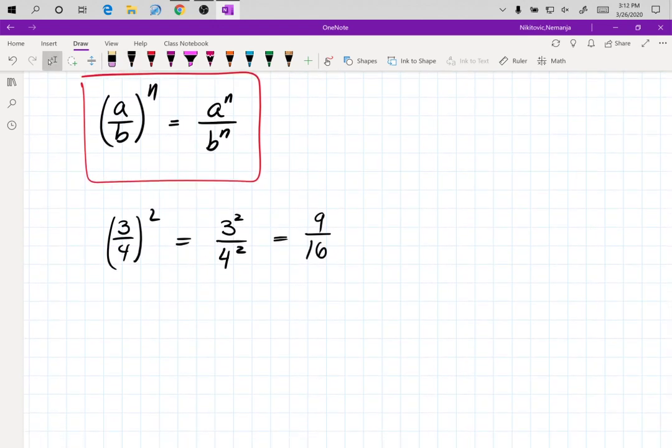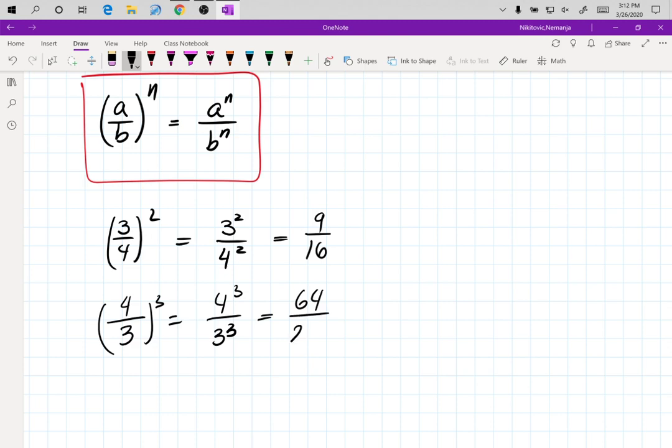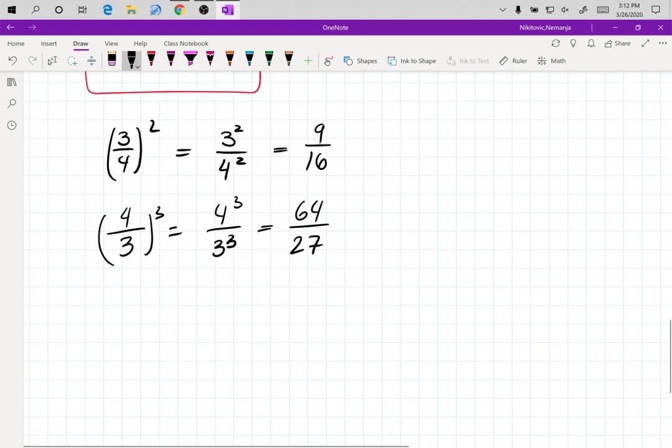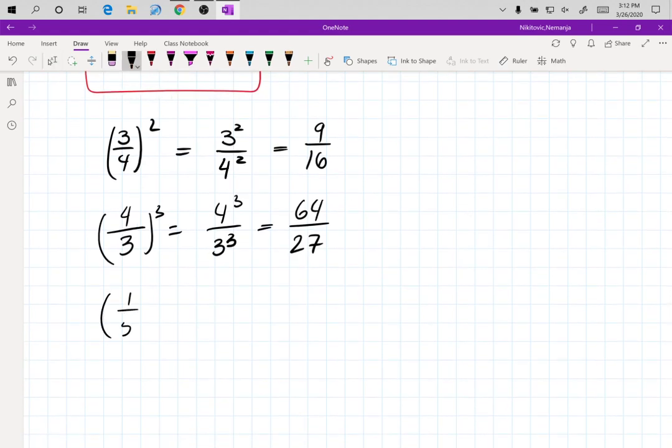If you have, let's say, 4 over 3 cubed, then that's 4 cubed over 3 cubed, which is 64 over 27. If you have 1/5 squared, that's 1 squared over 5 squared, which is 1 times 1 is 1 over 25.